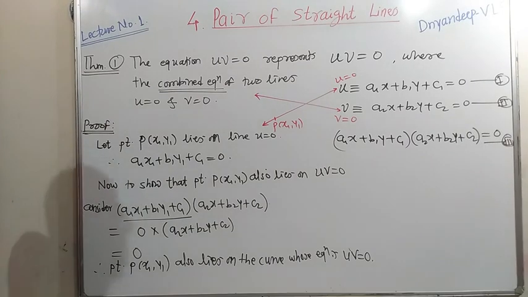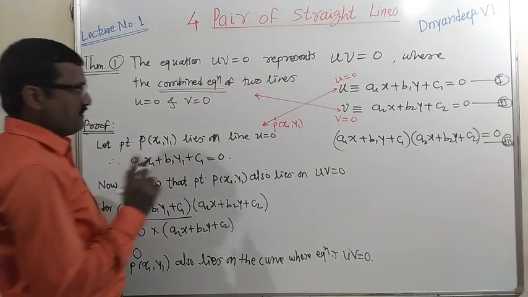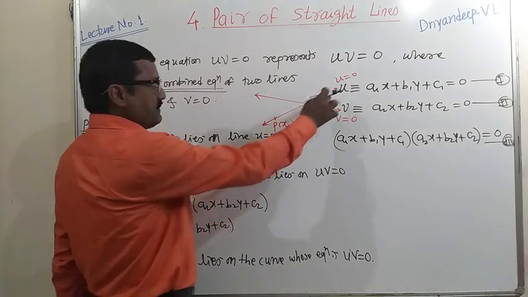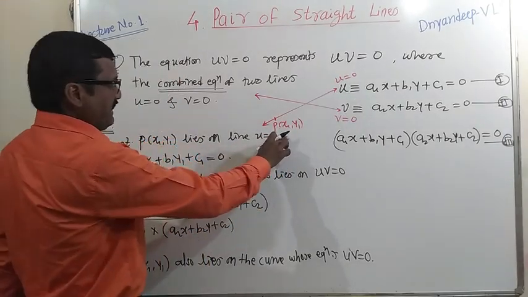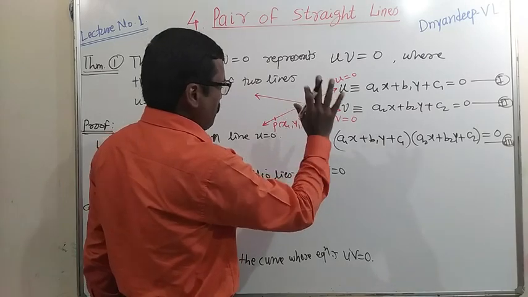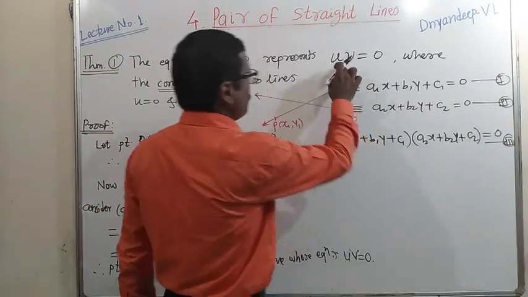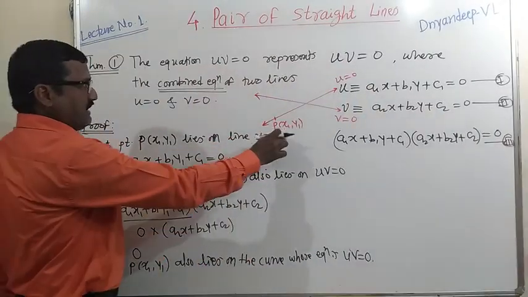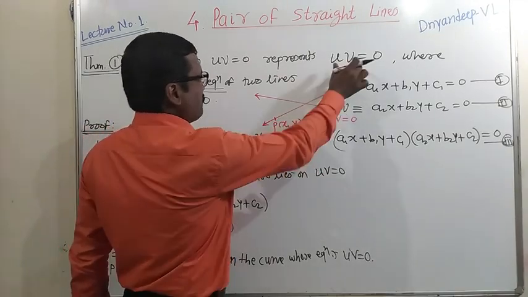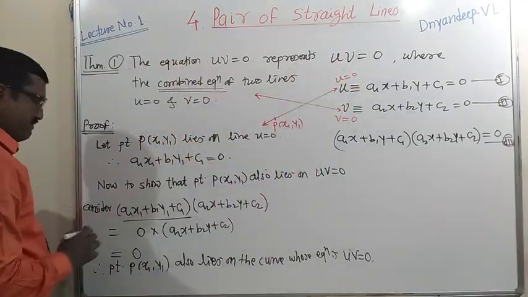Is it okay? That is the first part of this proof. In the first part, we are taking one point on the first line and proving that this point also lies on the curve whose equation is uv equal to 0. Means if a point lies on line u, then it lies on uv equal to 0 also.